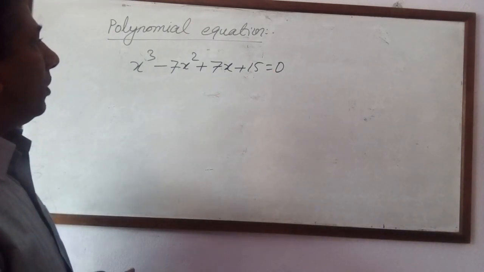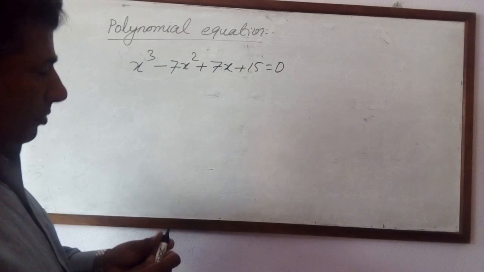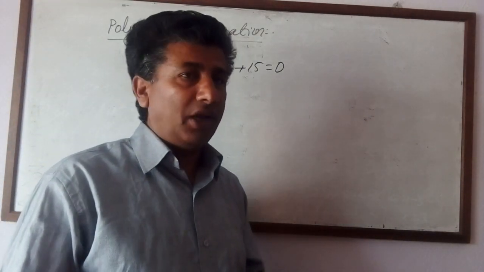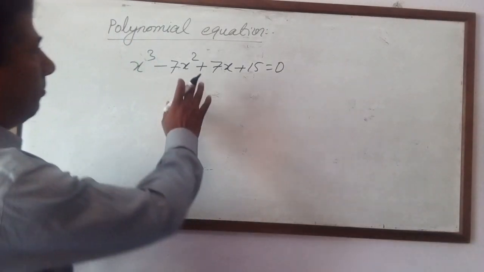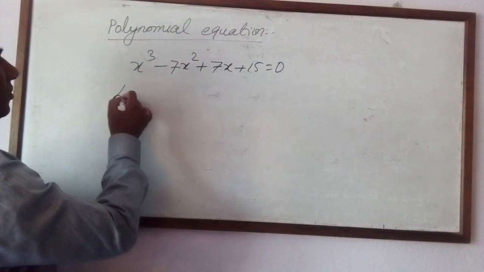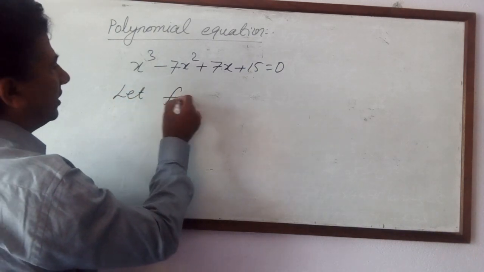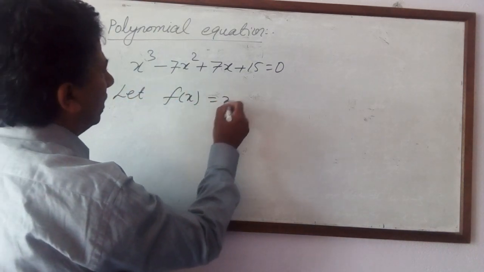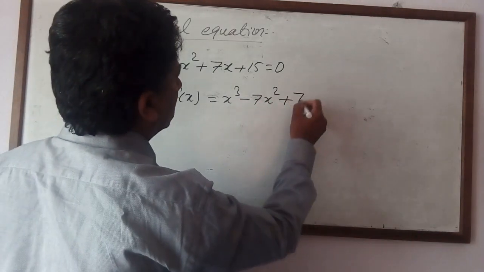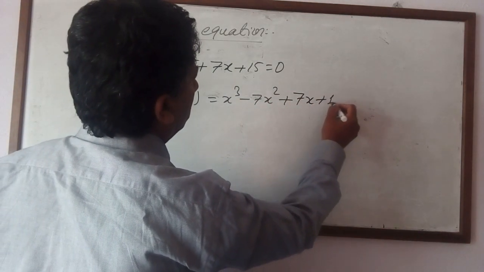First of all, we have to understand the zero polynomial. What is the meaning of zero polynomial? I'll explain it. Here is an equation, and we can write it like this also: let f(x) equals x cube minus 7x square plus 7x plus 15.